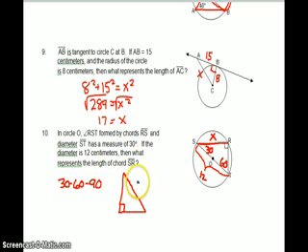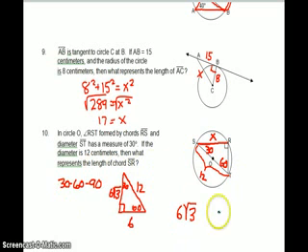So if the hypotenuse is 12, and this would be 30, and this would be 60, the short side would be half of that, so 6, and the long side would be 6 square root of 3. In this case we're looking for the long side, so our answer is 6 square root of 3.